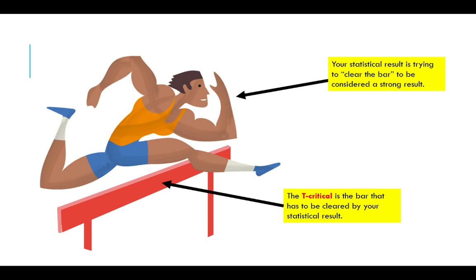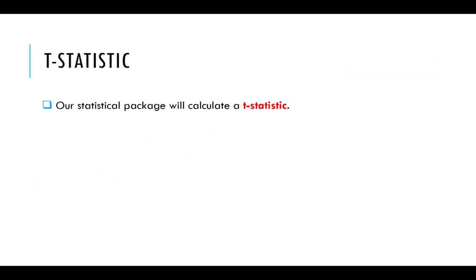But we have this hurdle that has to be cleared, that t critical, that threshold. We have to have enough evidence to be able to clear this bar. Now, our t statistic is what is going to help us determine if we've cleared the bar. So our statistical package is going to calculate a t statistic. It's a number. It's going to be part of your output, right?